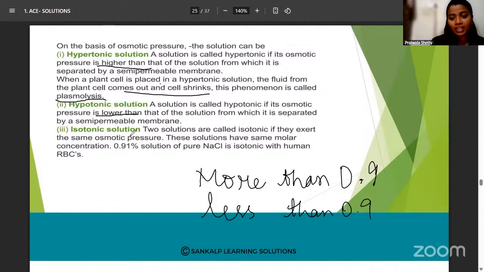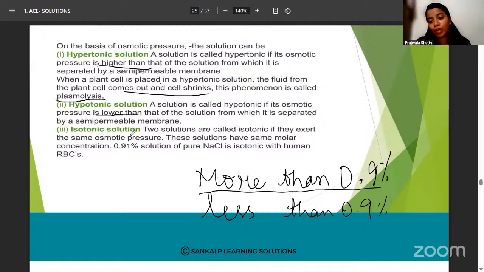What is this? It is concentration, a percentage. Let's say the concentration of a solution is more than 0.9, then that solution will be hypertonic. Remember this. If it is more than, it is hypertonic. If it is less than, it is hypotonic. Okay.